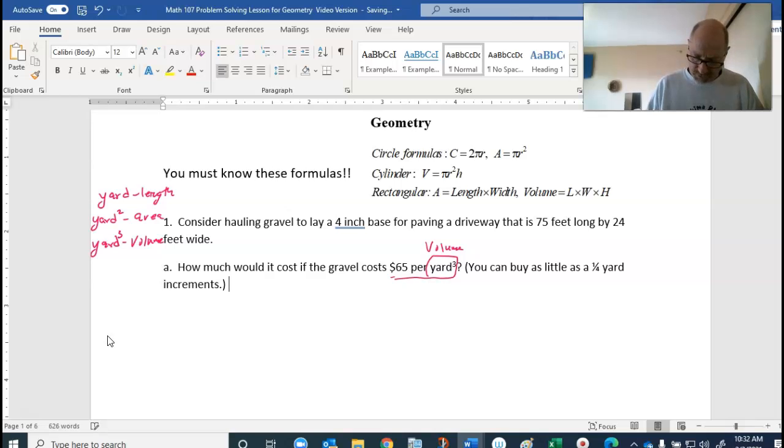So we say the yard to the first power is 1-dimensional, then 2-dimensional, and 3-dimensional.